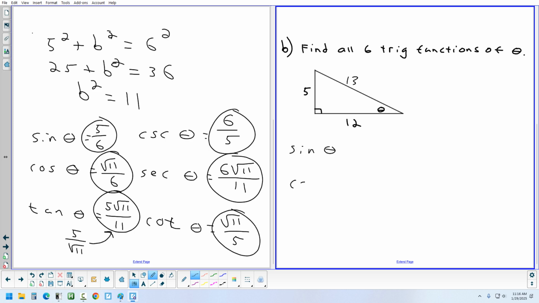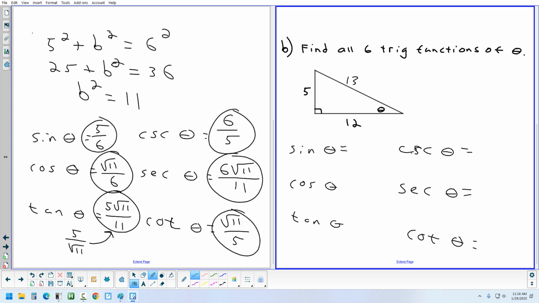So sine, cosine, tangent, cosecant, secant, cotangent. All right. So this time they didn't give us a trig function. They gave us a diagram. So we gotta write all 6.